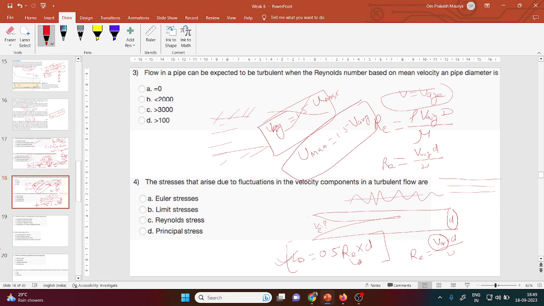One average velocity is there if you calculate the average, but this fluctuation component is also there, if you want to separate the average quantity and the fluctuation quantity. So due to this fluctuation, let's say u dash, which type of stresses develop in the flow? This is a very important question.